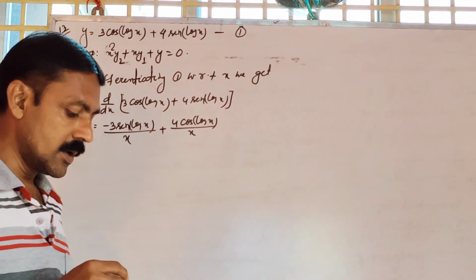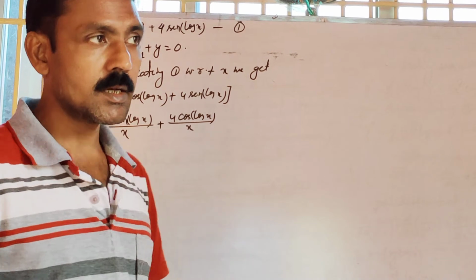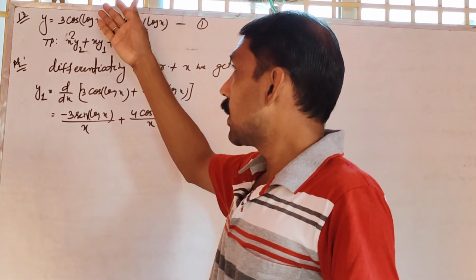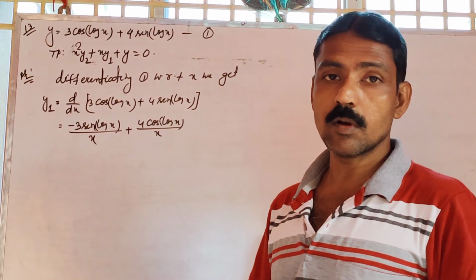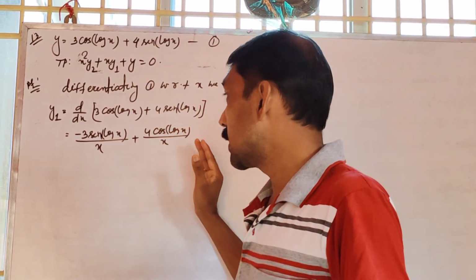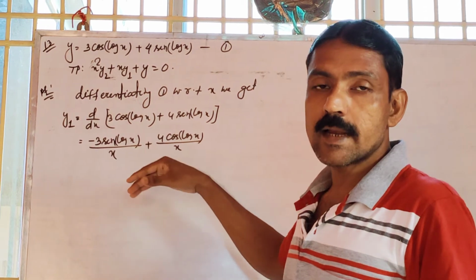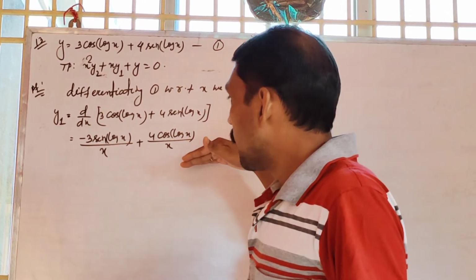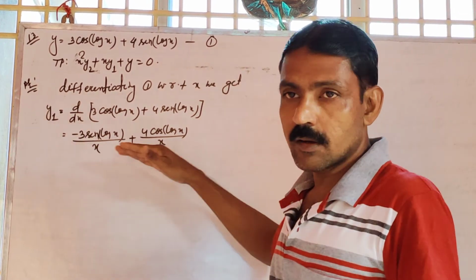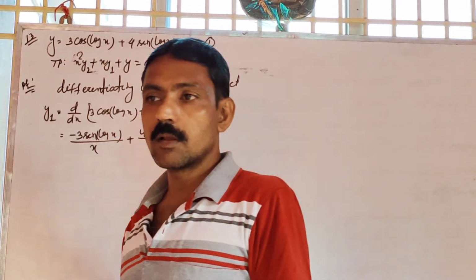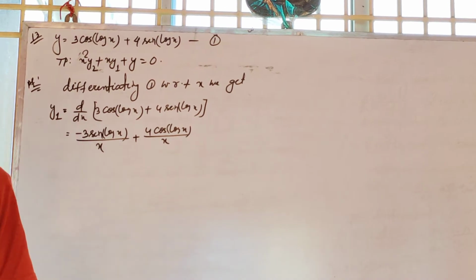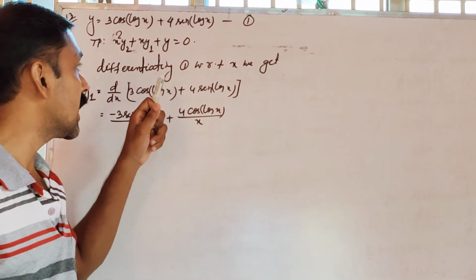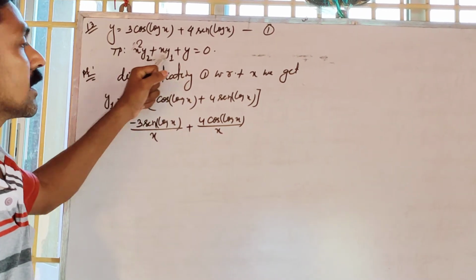Now here you see, always remember one general technique in solving problems on second order derivative. Whenever in the first order derivative the right hand side is coming in p by q form, always use the cross multiplication method, so that the calculation will be easy and you will get the answer directly.